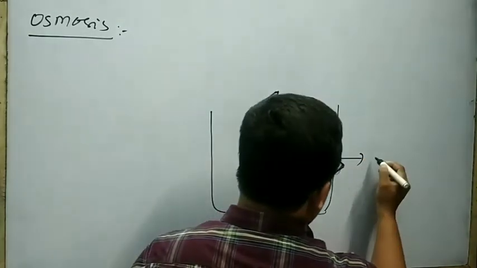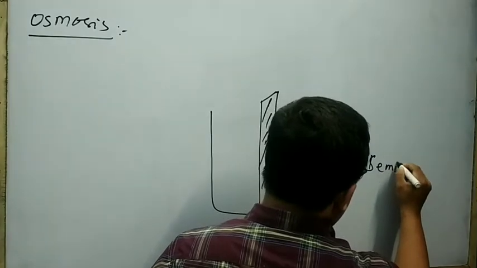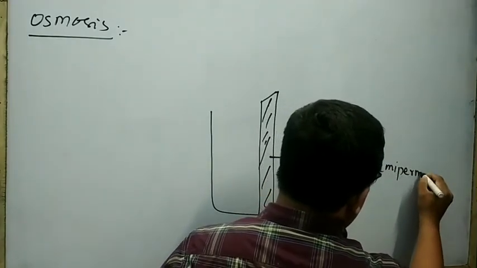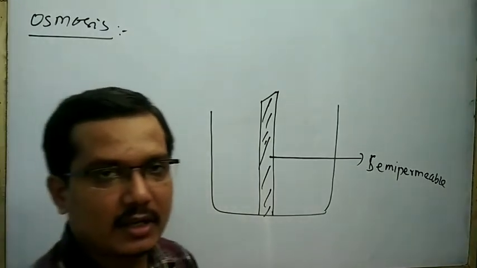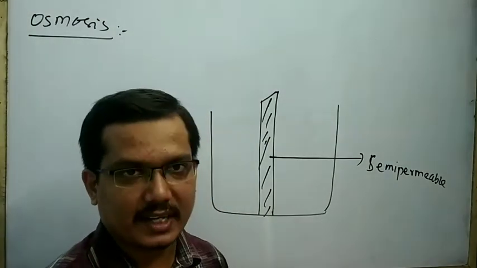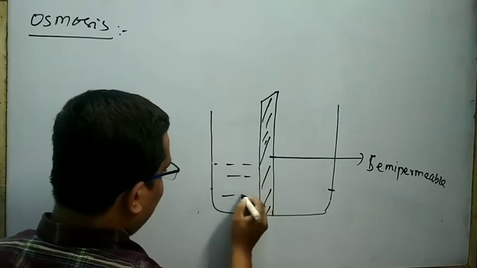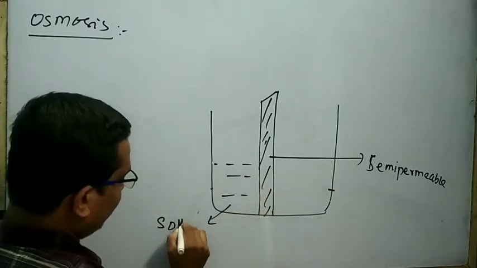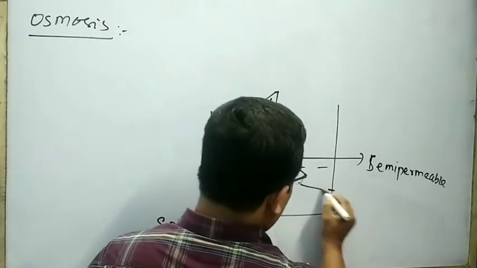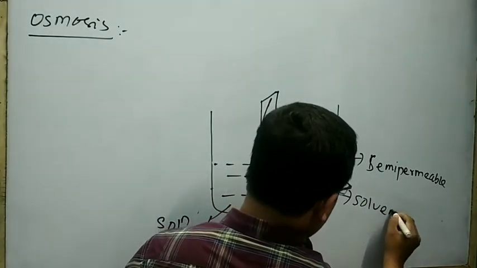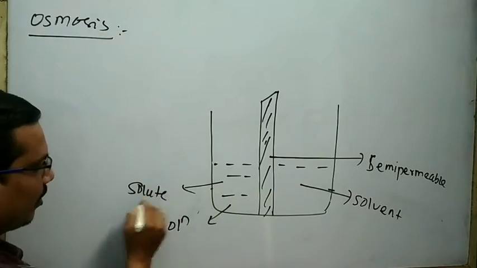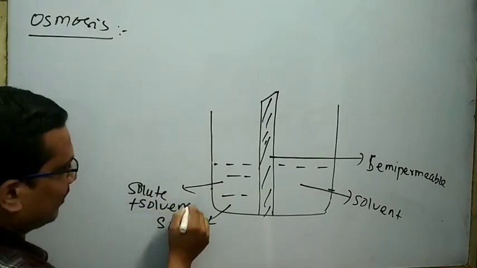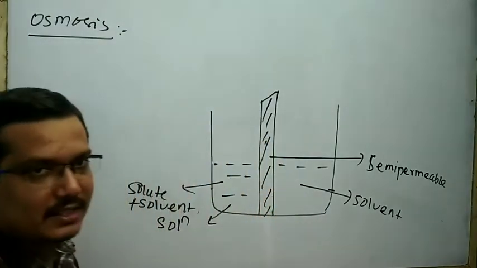This semi-permeable membrane is one type of membrane which allows the solvent particles, not the solute particles, to pass. Suppose in this part I take a solution, and in this part I take solvent. Here solute plus solvent is present. Here only solvent is present.